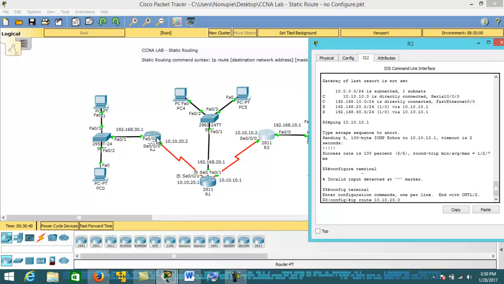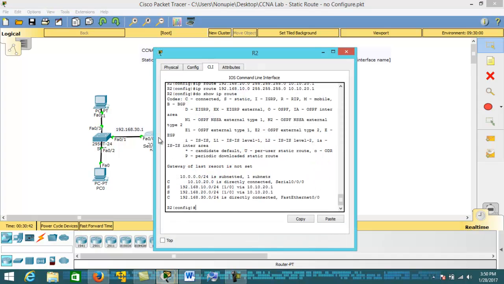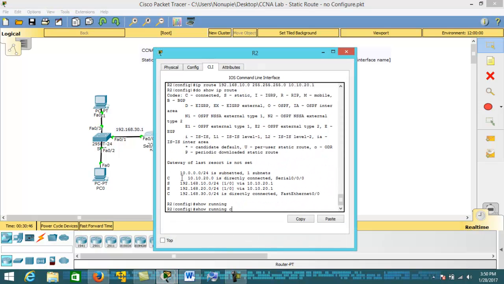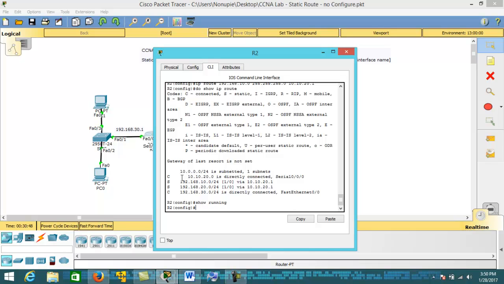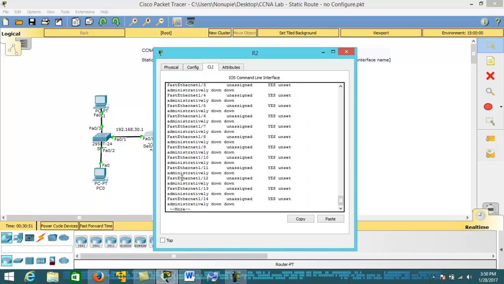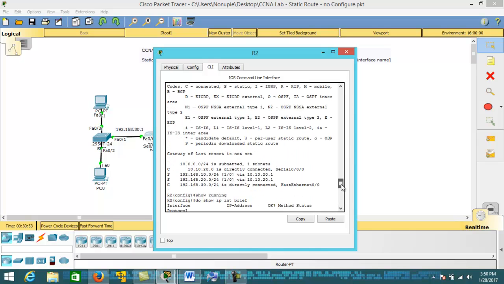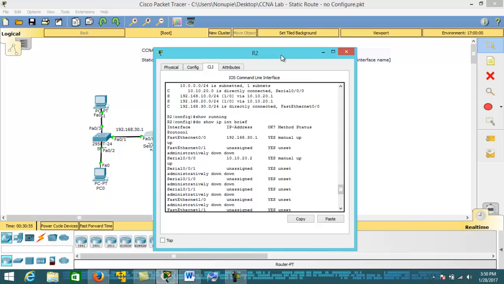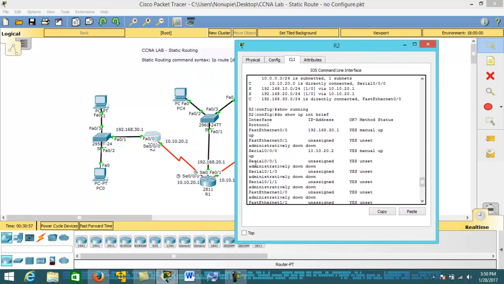What is the subnet mask for this router? Let me check the subnet mask that I have given on the serial interface of this network, that is 10.10.20.2.